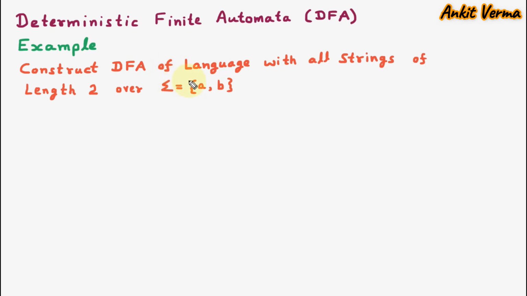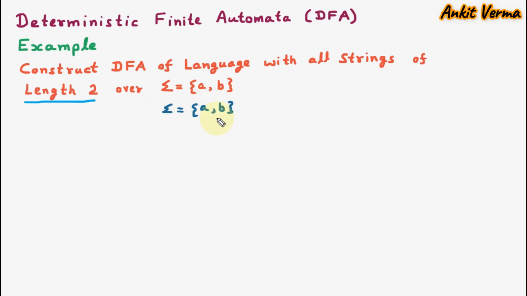Today we are learning an example of deterministic finite automata, which is DFA. Here we construct a DFA for the language of all strings of length 2 over sigma equal to a comma b.